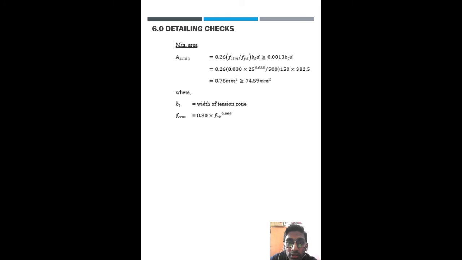Okay, the last one is detailing checks. For the minimum area, the value that we got is 0.76 millimeter square, more than 74.56 millimeter square.